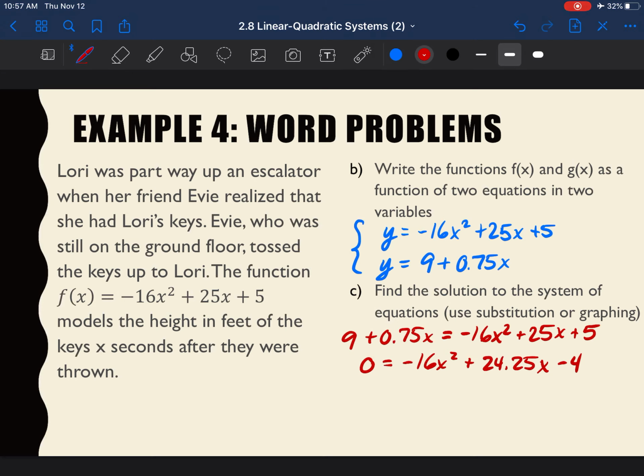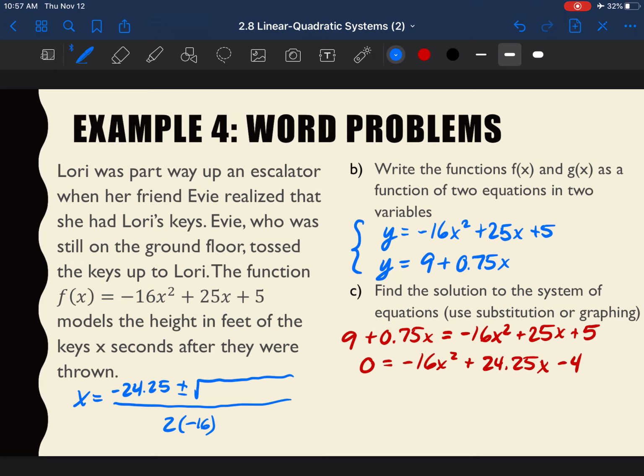And then once it's equal to 0, now you can do the whole quadratic formula thing, so x equals negative 24.25, plus or minus all of that, all over 2 times a, so 2 times negative 16.